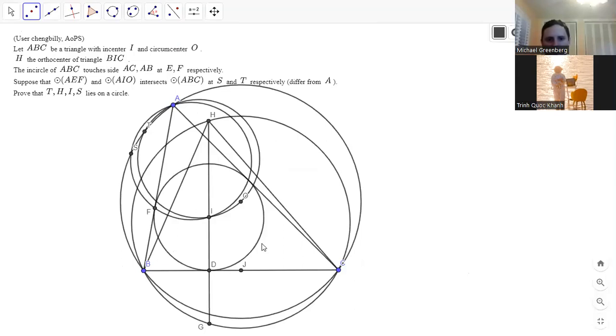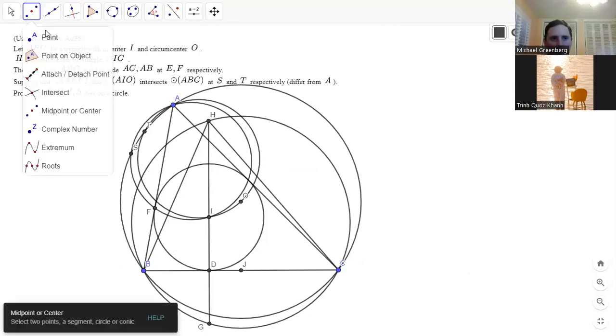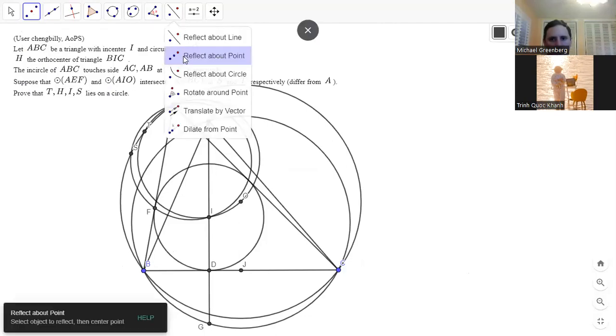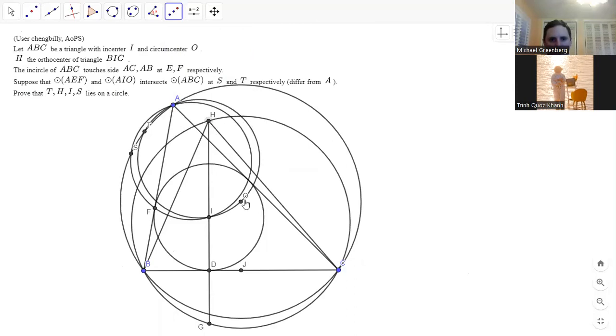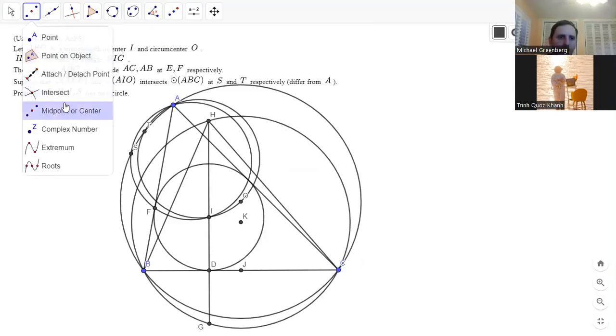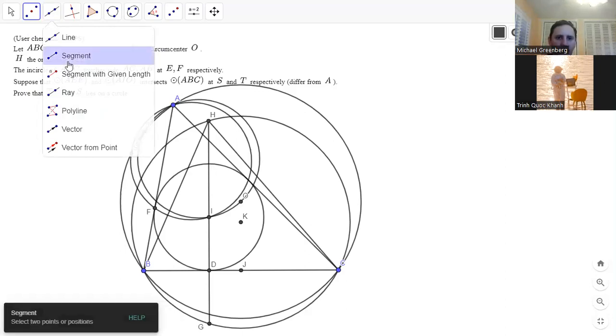I think. So yeah, I is the orthocenter of BHC. Oh, but that's not the circumcenter. But yeah, so basically, okay, so if K is the circumcenter, we know OK and J are collinear.